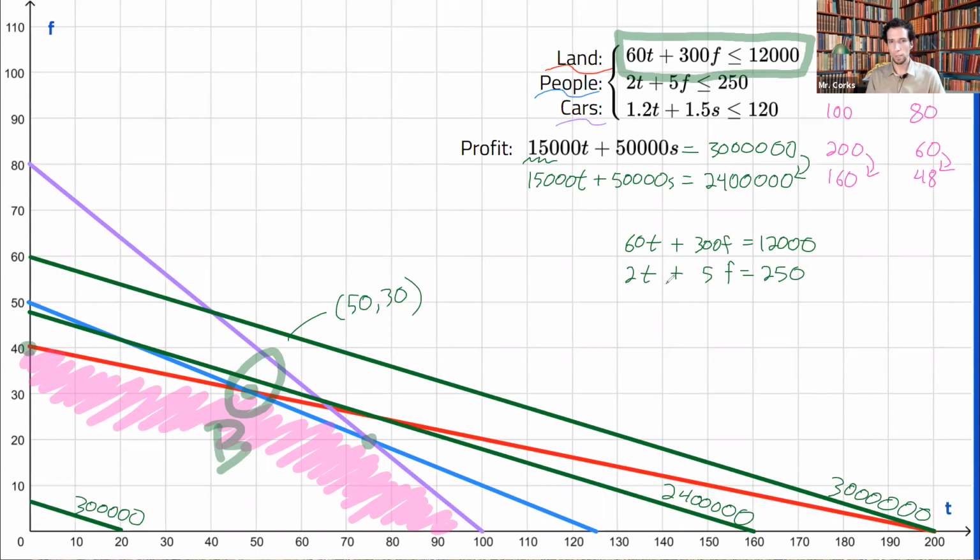T. Okay, so what are we multiplying by? 30. So 30 times our equation. 30 times 2 is 60, that matches, and we're going to be subtracting here. 30 times 5, what will that be? 150. And then 30 times 250.